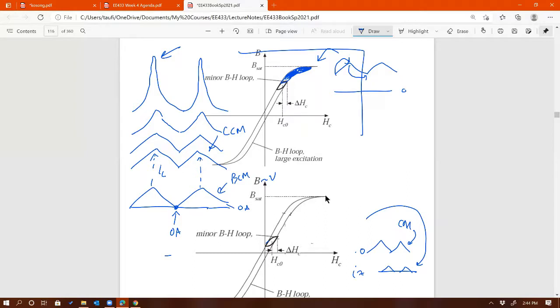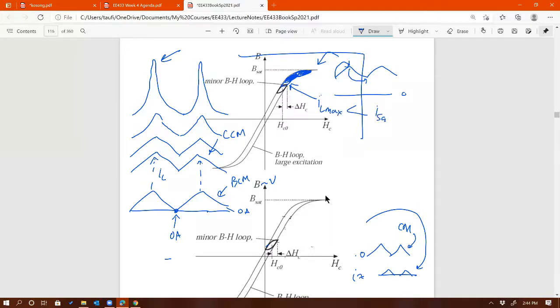Because that right here corresponds to maybe ISAT, which is IL max, which has to be less than ISAT of the inductor, of the core. Okay, any questions on this?